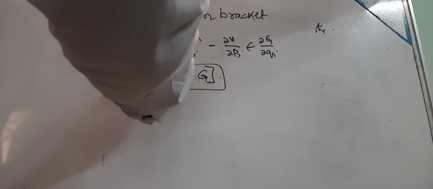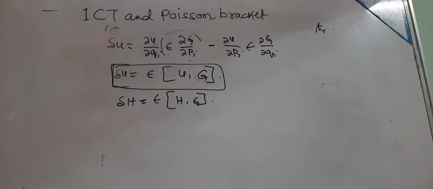Now if u is replaced by the Hamiltonian, we can write delta H equal to epsilon times the Poisson bracket of H and g, because of the Poisson bracket.